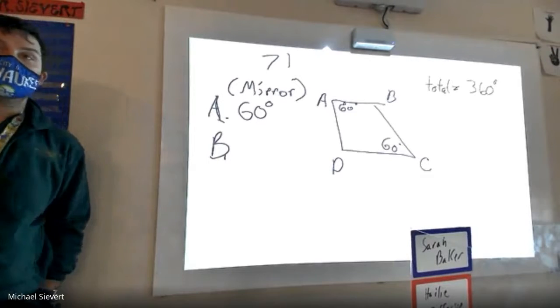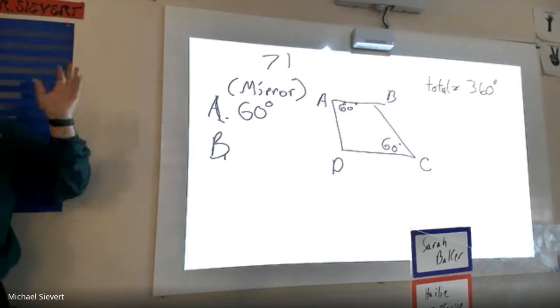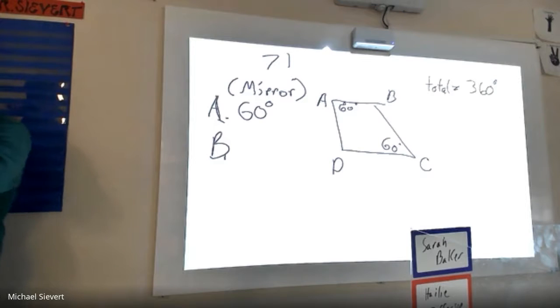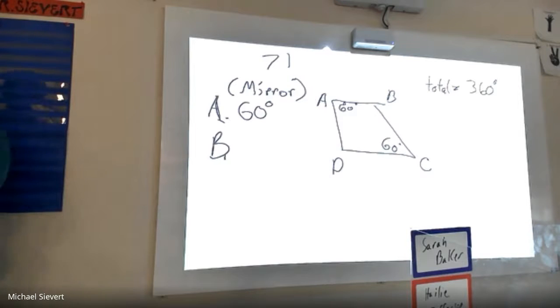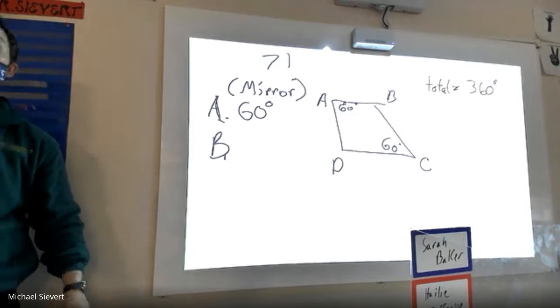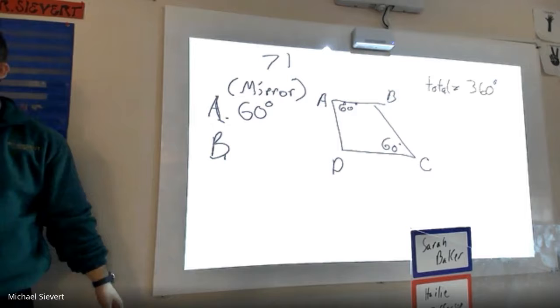They have to equal 360 degrees. So when you add A, B, C, and D together, they will equal 360 degrees. If you get 361, 359, 240, 120, you are wrong. It has to equal 360.